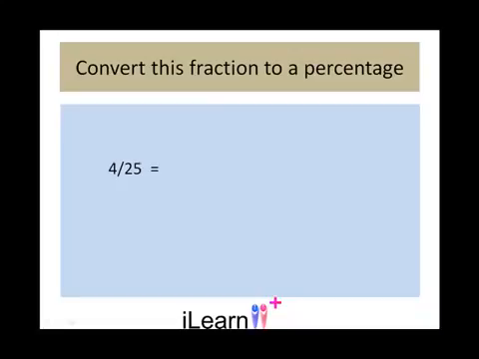You will multiply by 4. 25 multiplied by 4 equals 100. What's next? You've multiplied the bottom by 4, so now you need to multiply the top by 4 as well.